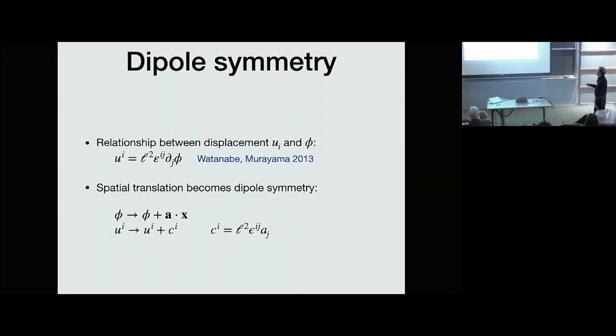That is, when I want to translate the lattice by a constant amount, I have to translate phi by a linear function of x. So this symmetry that the lattice has, translational symmetry, imposes the dipole symmetry, and that forbids the gradient of phi square term and leaves us with the Lifshitz scalar field theory. With a scalar, the spatial derivative always appears as grad square.